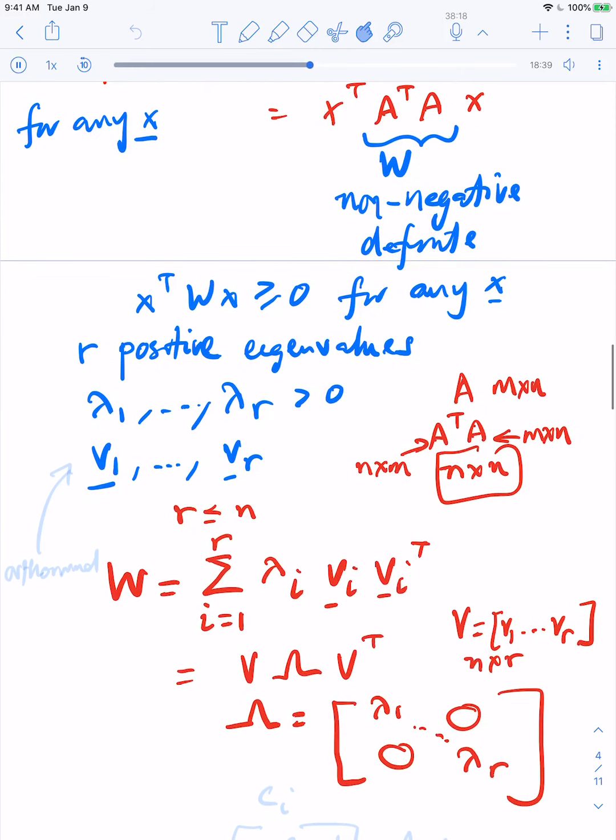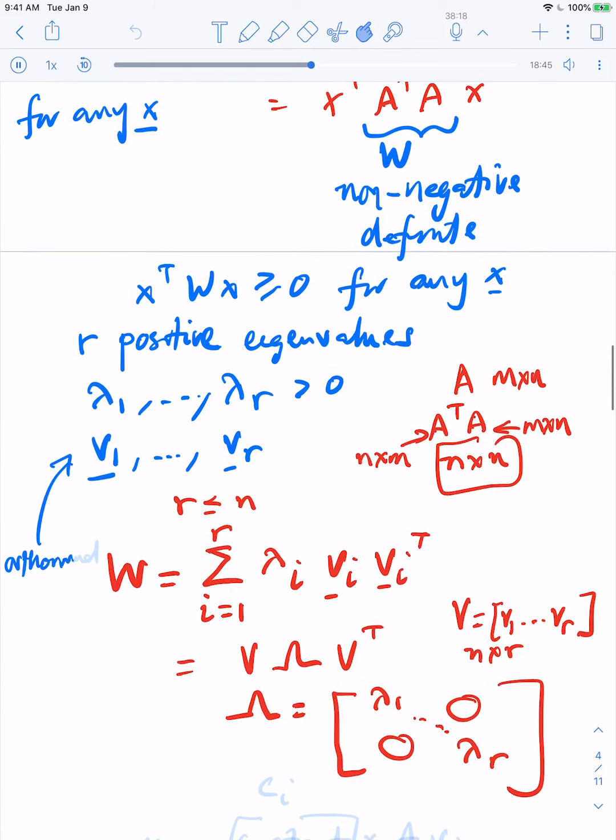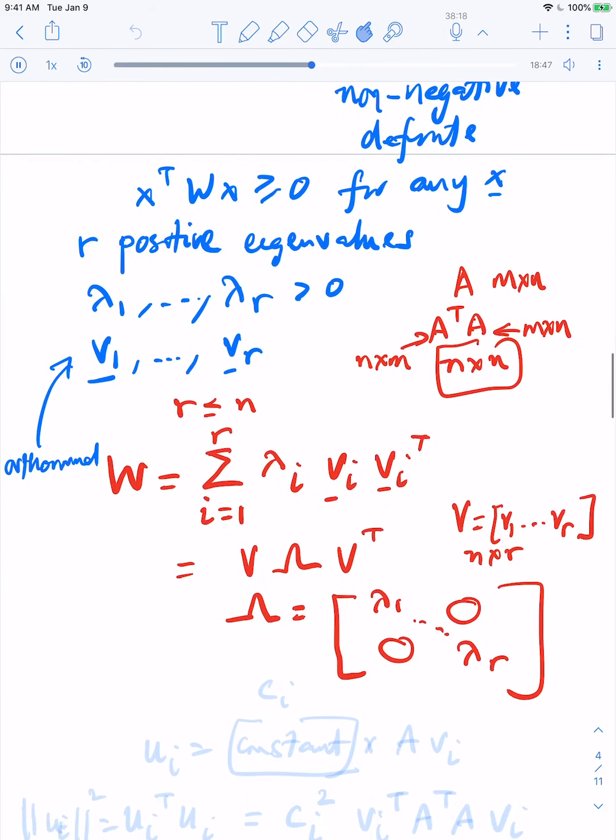Of course, remember we have normalized these, so these are orthonormal. Some of these eigenvalues may be repeated, but then you can always orthogonalize the eigenvectors, and so basically these are orthonormal.